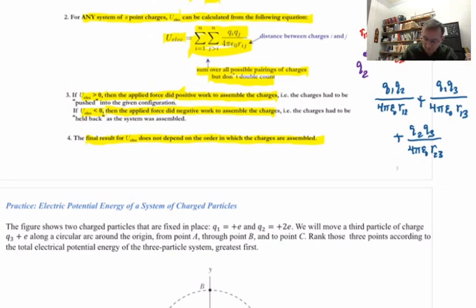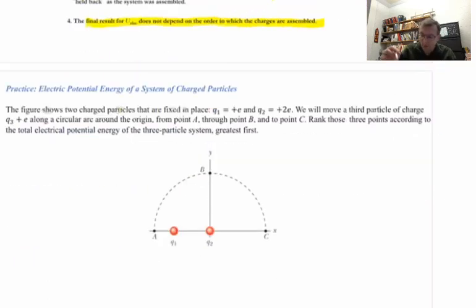All right, so let's close the video with a little class engagement situation for Blackboard. And it goes like this. We've got a figure, you can see it here. It shows two charged particles that are fixed in place. Q1 is positively charged with a charge plus little e. Q2, which is at the origin of an xy coordinate system, also has positive charge plus 2 little e.